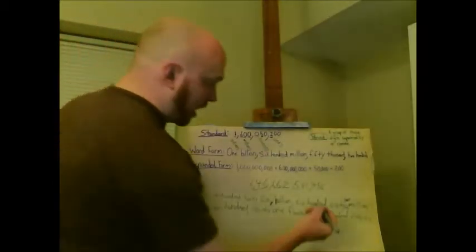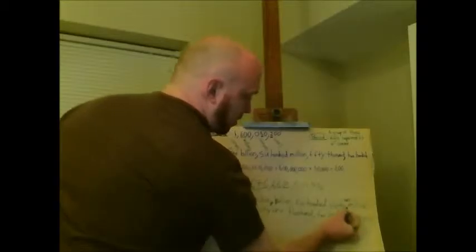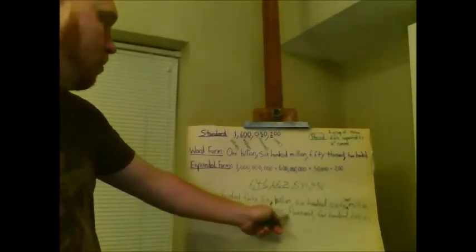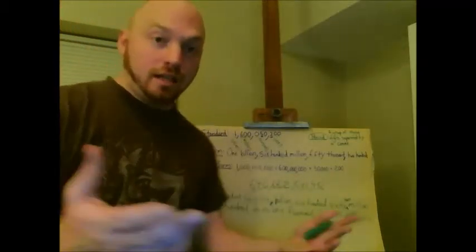Okay, we know from English we need to add something in when we're editing. We put the little triangle there, the little teepee, and insert our word there. So 662 million, 531,456.